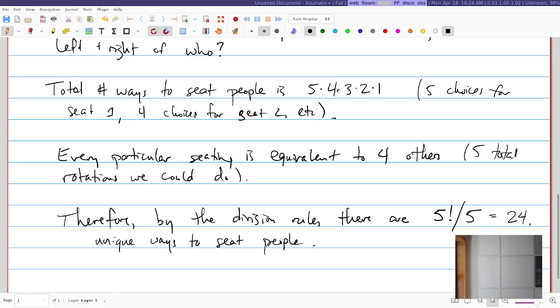In that case, we would divide by 2 more, since we already divided by 5. You have to think about this a little bit to convince yourself, but you can think about putting a mirror up to the table, so everyone flips who's on their left and right, and that's the same. So you'll always come in those 2s.